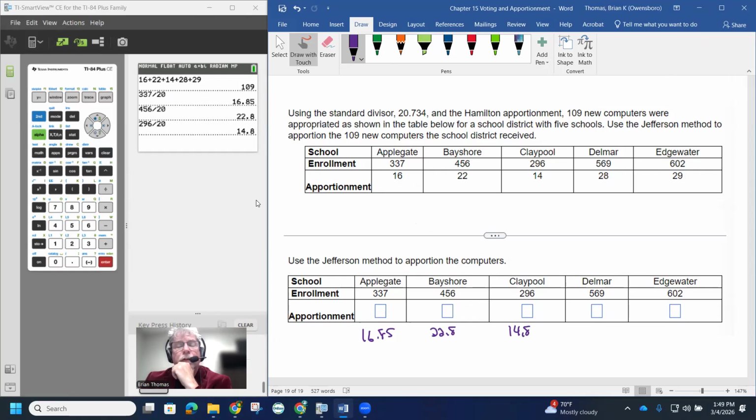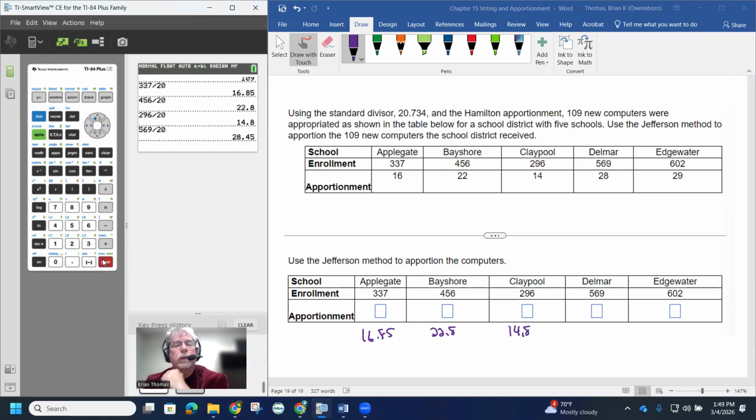And 569 divided by 20 is 28.45. And if we do 602 divided by 20, we get 30.1.